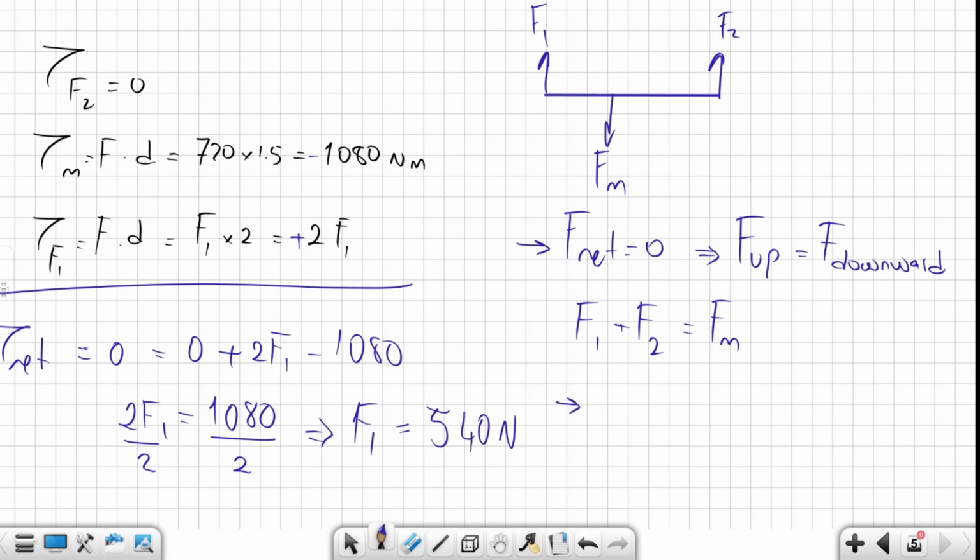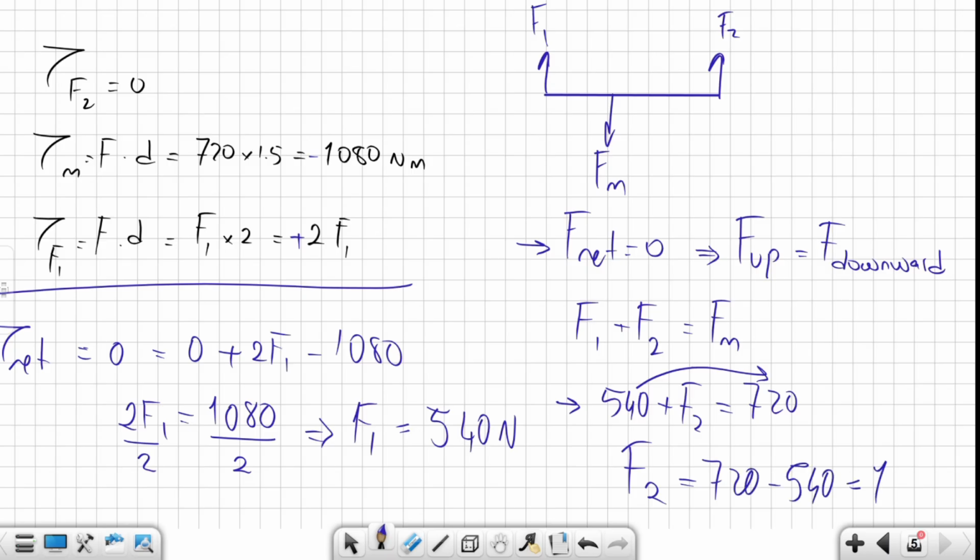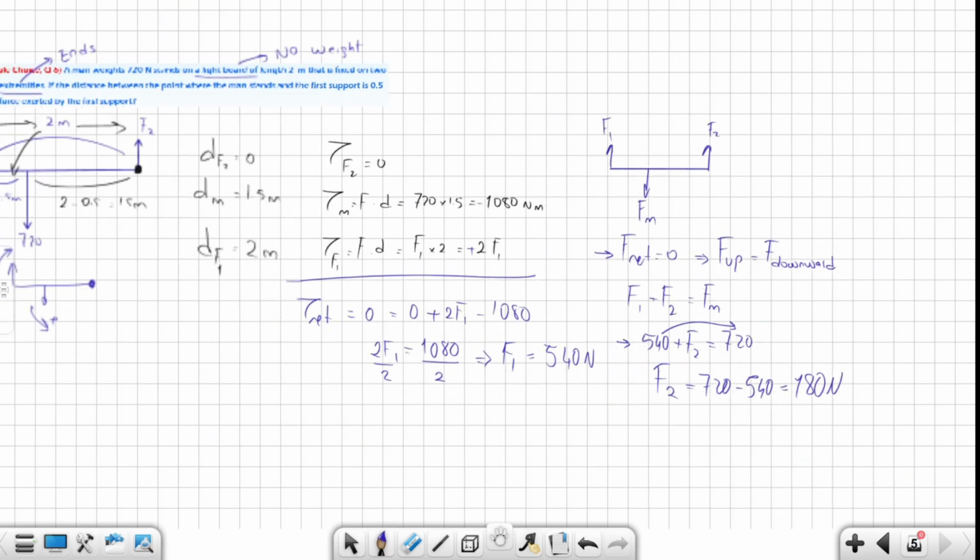So F1, we found it as 540 Newton plus F2, which is equal to F of the man, which is 720 Newton. Take this one to the other side. F2 will be equal to 720 minus 540, which will be equal to 180 Newton. Apply these steps to every type of question.